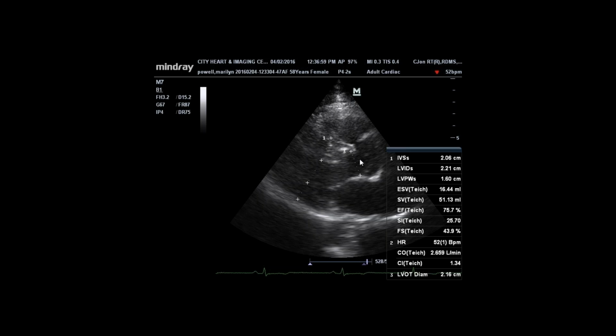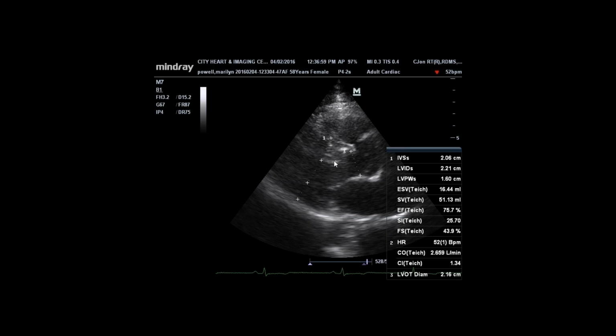So this is a systolic frame, because the mitral valve is closed, the aortic valve is open, and you usually put your marker at the peak of the T wave. But you can check your image to make sure that you're at the correct position.